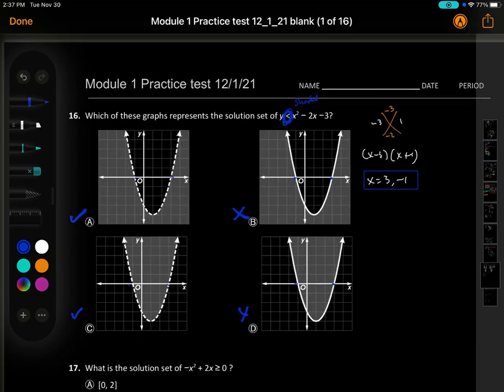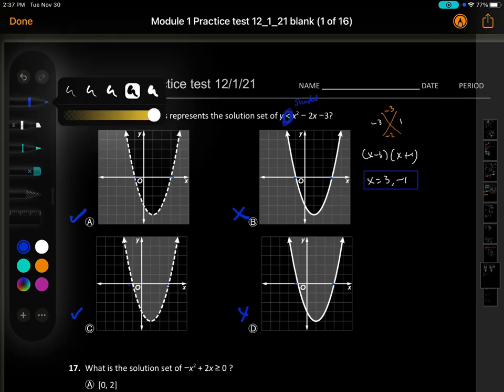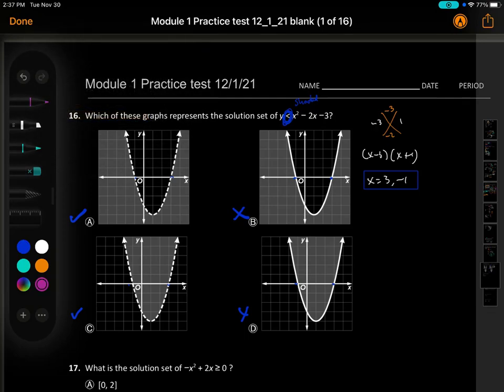Now I'm going to use my test points. The easiest one to test is 0. So let's use pink. I'm testing 0. The ordered pair is 0, 0, so x is 0, y is 0.